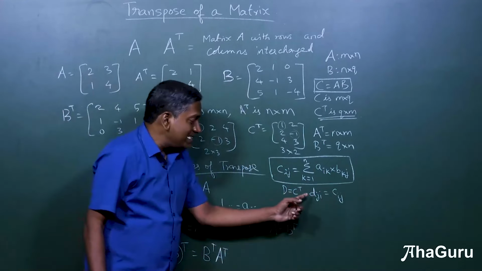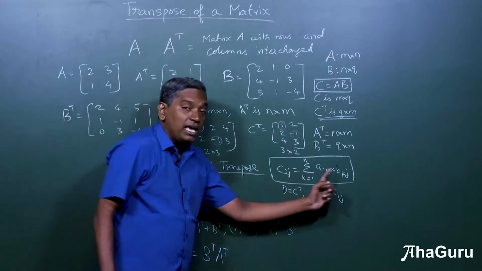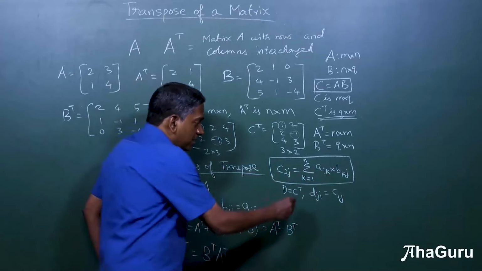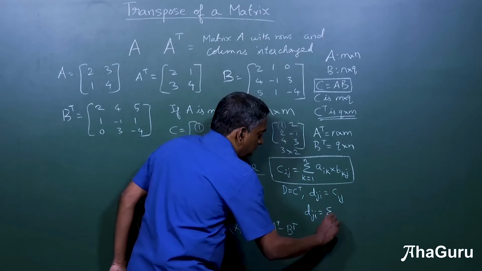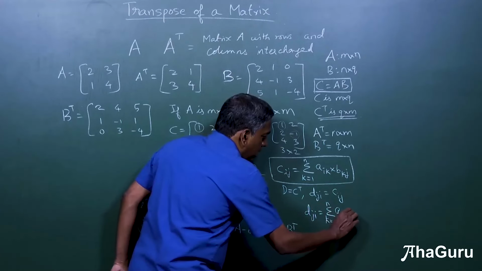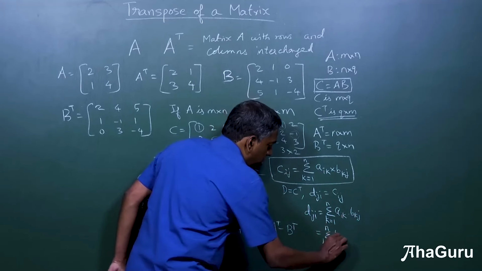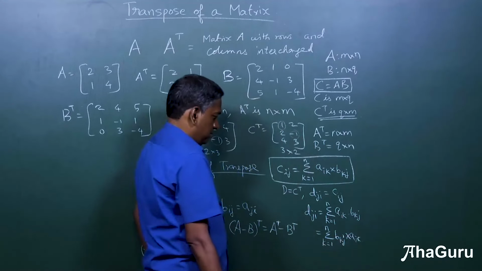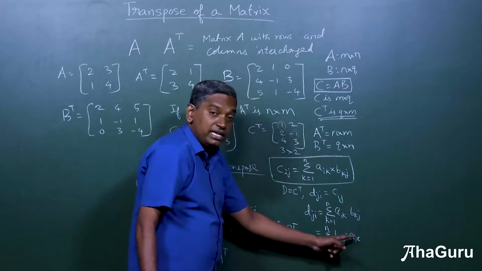So now you can see that Dji, which is what is there in the left hand side, AB the whole transpose, AB is C, its transpose is D, you will get Dji, which will be this. You can write Dji is sigma k equals 1 to n of aik bkj. You can simply write this, just change the order, bkj into aik, right?